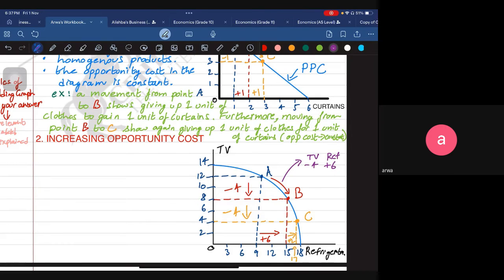Now, when we are moving from point B to point C, again you lose 4 units of TV. Exactly. So we are again, if we just go to this portion.